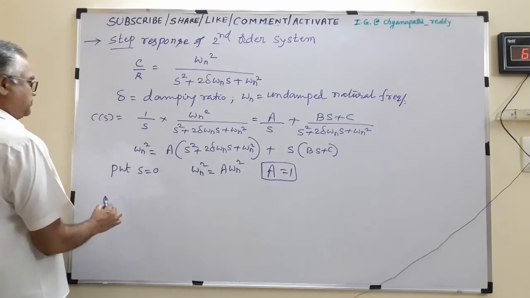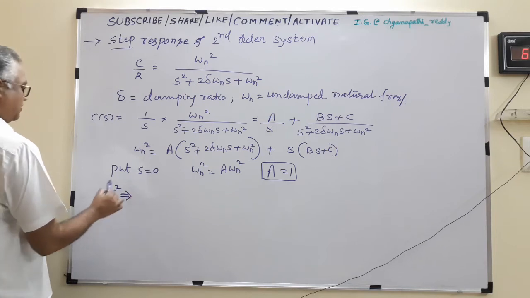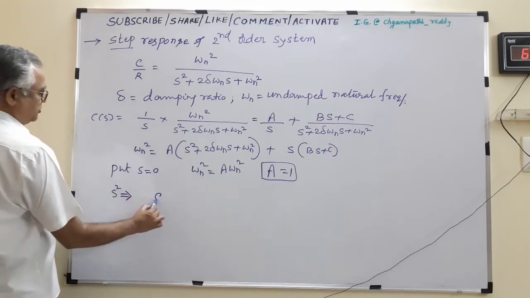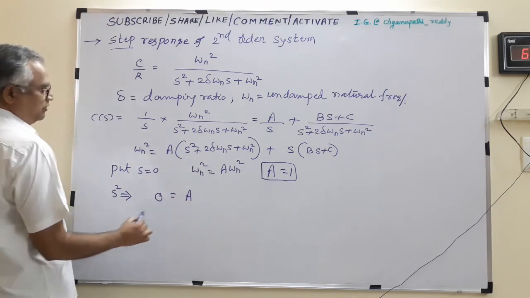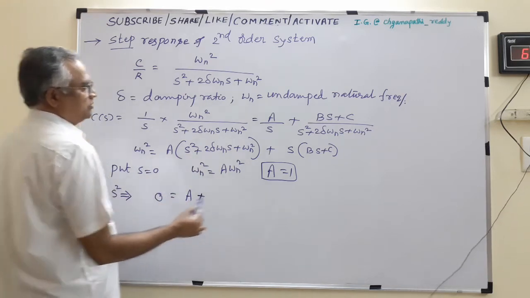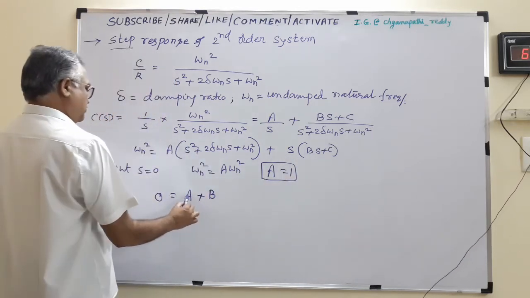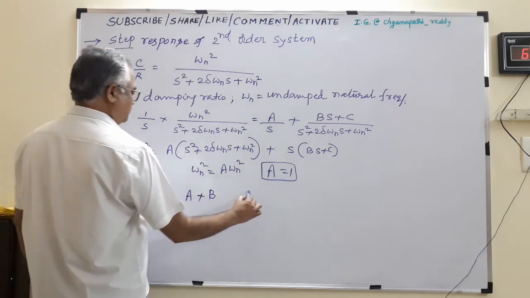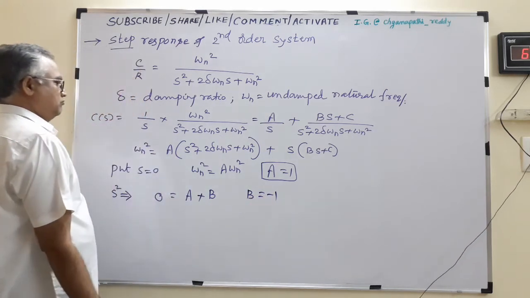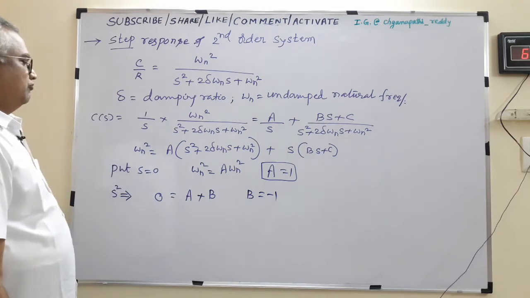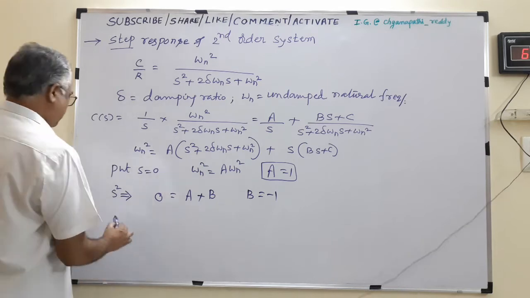Next, compare the coefficients. S square coefficients, let us compare. Left side 0. Here A plus, here the s square coefficient, B. So when A plus B equals 0, what is the B value? Minus 1. B equals minus 1.